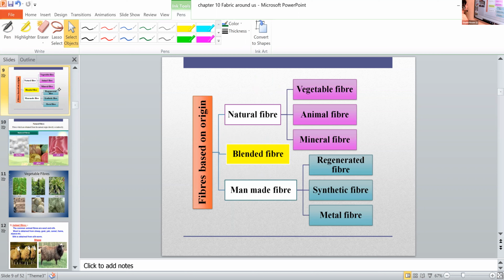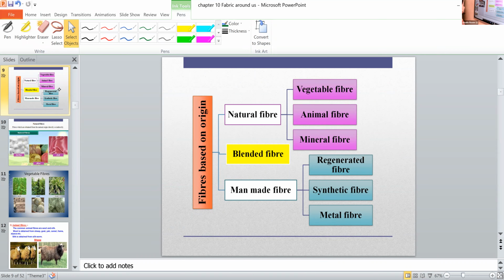Then we are going to the origin. So we finished the lengthwise, how we classify the fibers on the basis of length. The next is on the basis of origin. So on the basis of origin, we classify the fiber into three, which are the natural fiber, man-made fiber, and blended fiber.